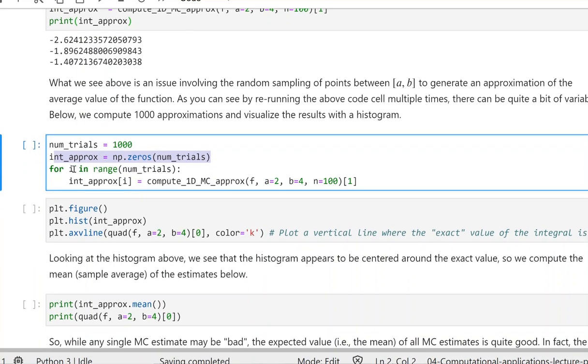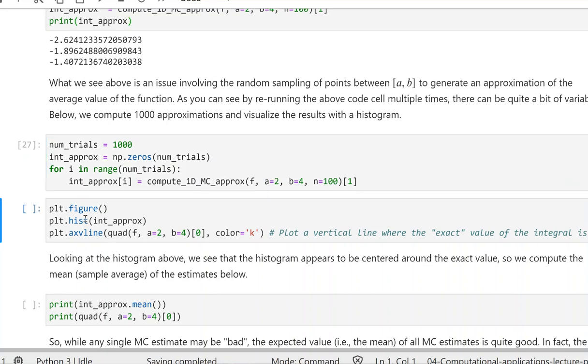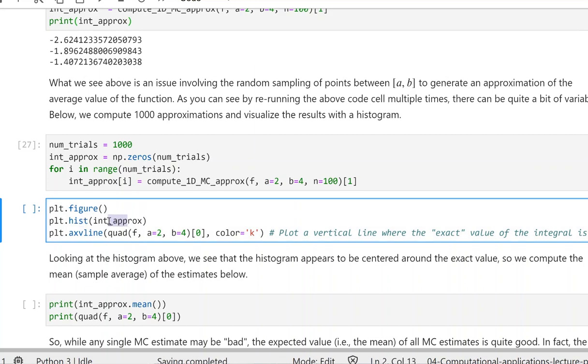And then for each i, from 0 to 1,000, I calculate an integral approximation using the same line of code so that I can observe the variability with 100 points. And now I plot a histogram of these integral approximations, and I produce a vertical line that shows the exact value. We're using the quad function to produce an exact value of the integral, and that will be in black.